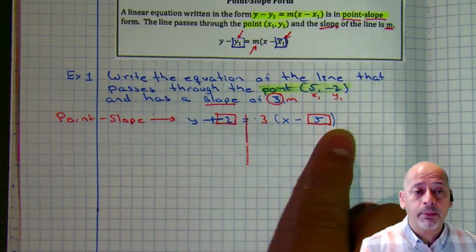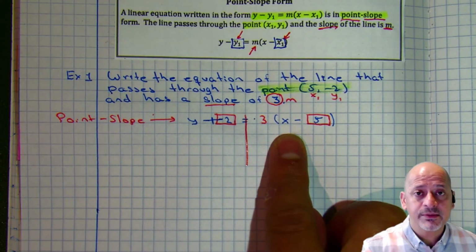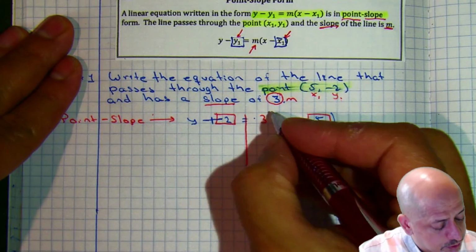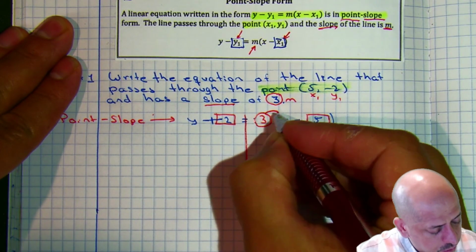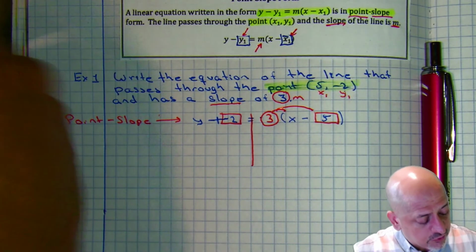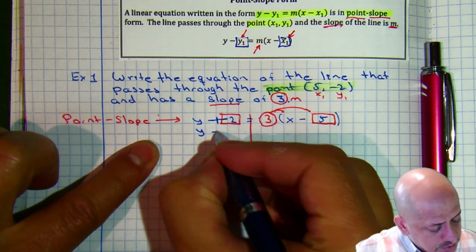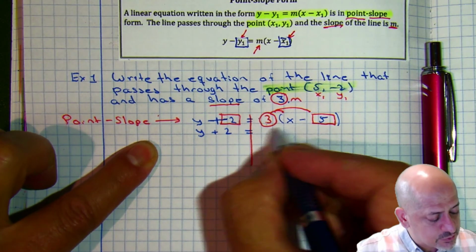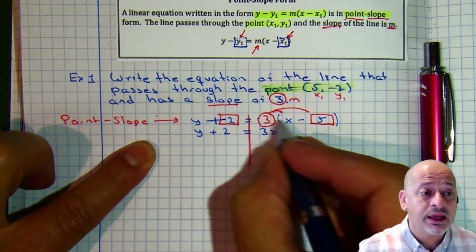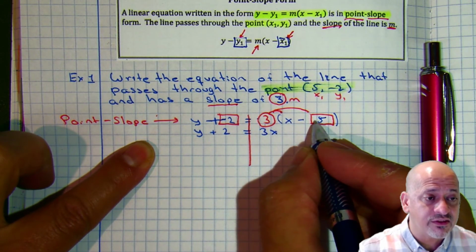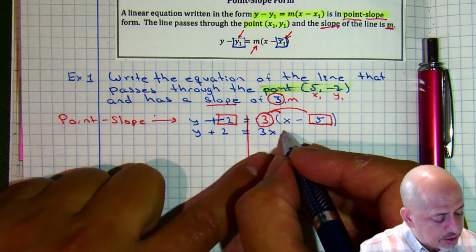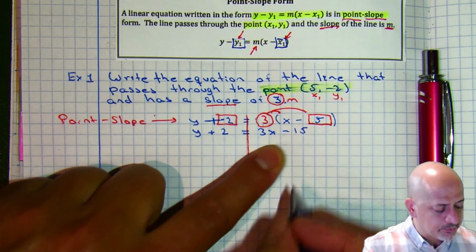So therefore, what property should I use if I have parentheses? Correct. I should use my distributive property. So I'm going to distribute my 3 to both. And that will give me y plus 2 equals 3 times x will give me 3x. 3 times, now this is a negative 5. So 3 times negative 5 will be negative 15.